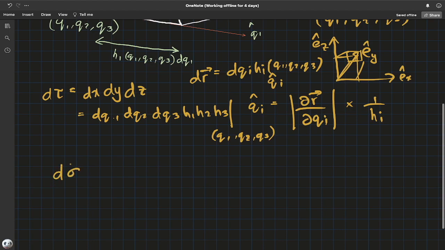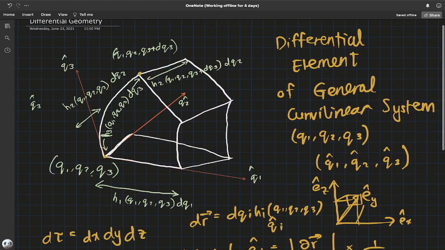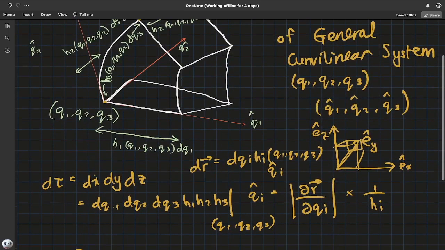Now you do a similar thing for the differential surface area element, but we need to again obey the condition of orientation.